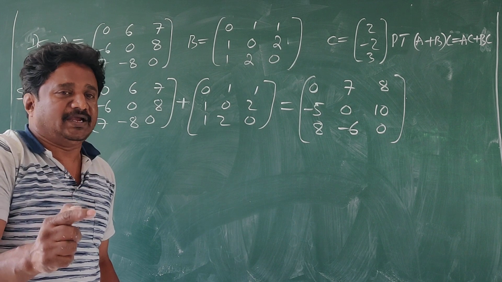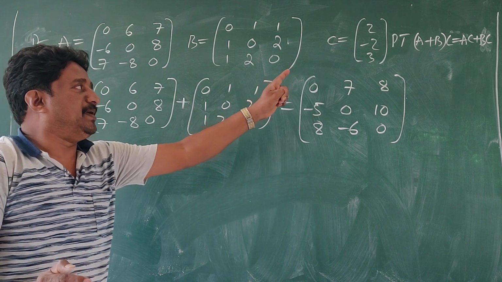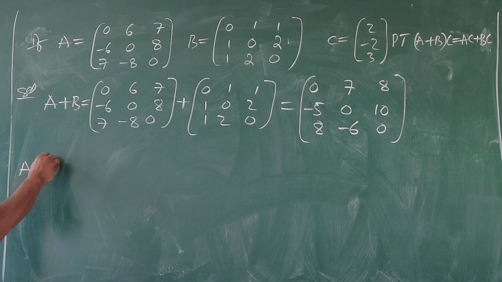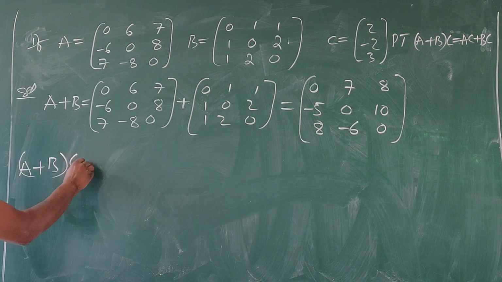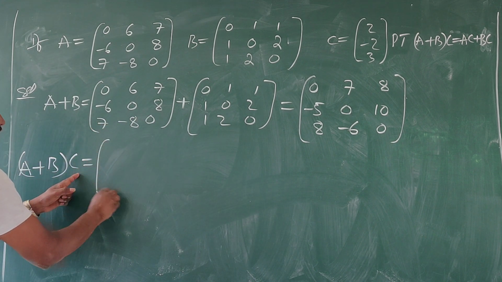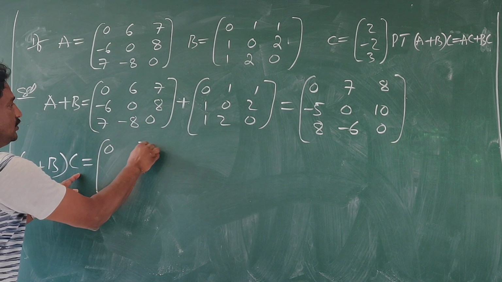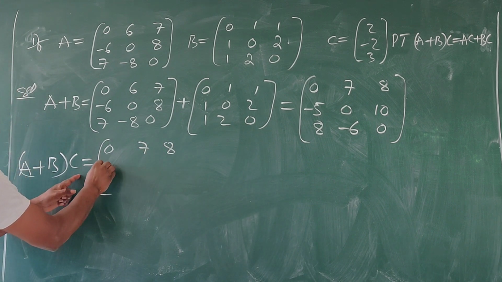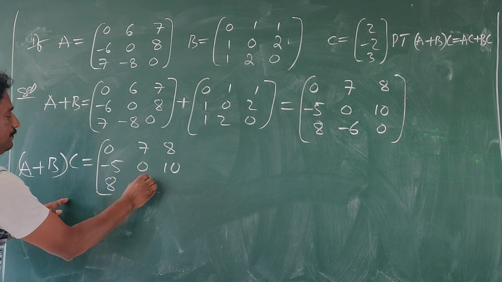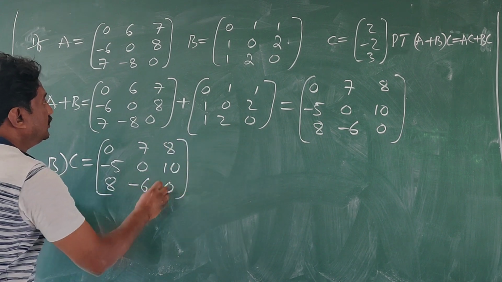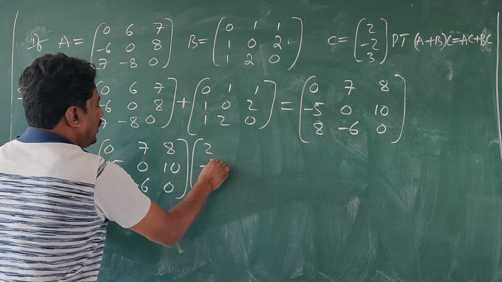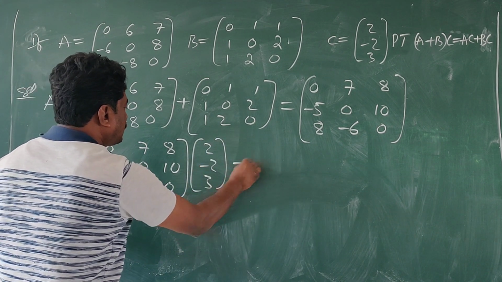Now let us find (A + B)C. Substitute for A + B: [0, 7, 8; -5, 0, 10; 8, -6, 0], into C, which is [2, -2, 3].